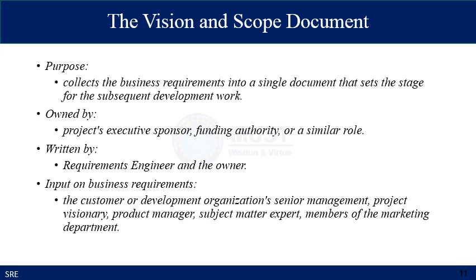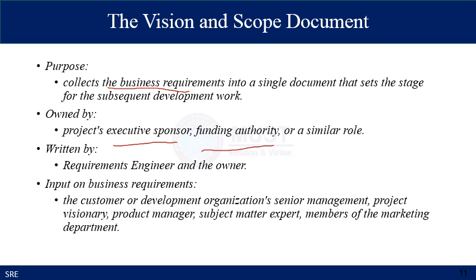So this leads you towards the definition of the vision and scope document. The vision and scope document serves the purpose of collecting the business requirements into a single document that sets the stage for the subsequent development work. It is usually owned by the project executive sponsor who is paying, or a funding authority or a similar role, and usually it is written by the requirements engineers and the owner.